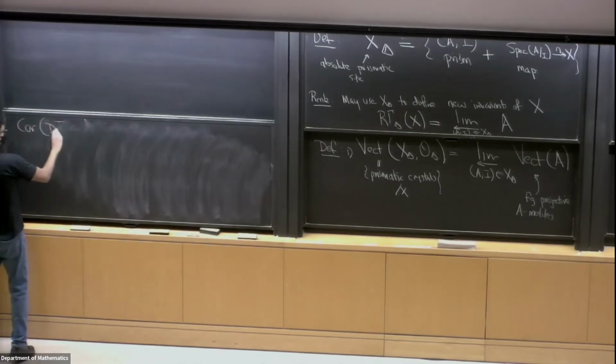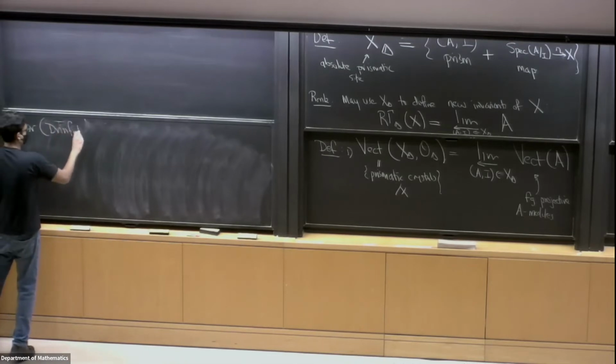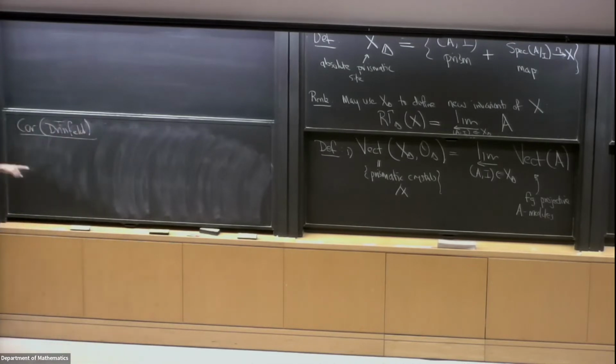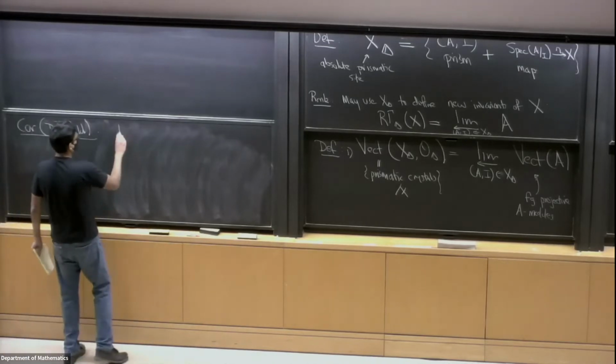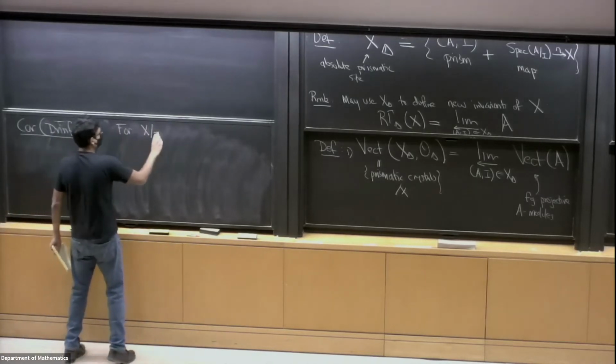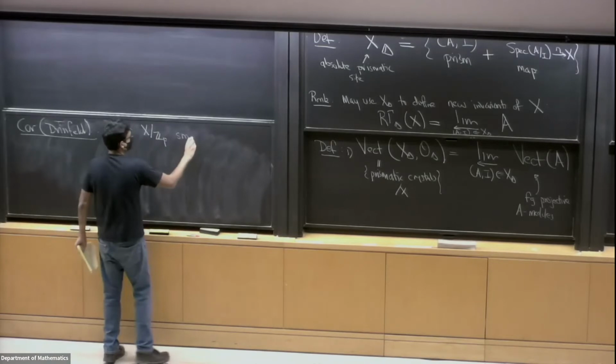So this was first noticed by Drinfeld. It's extremely simple from the classification over there and some understanding of how these comparisons work. And it's the following. So for X over ZP as before, so smooth projective.